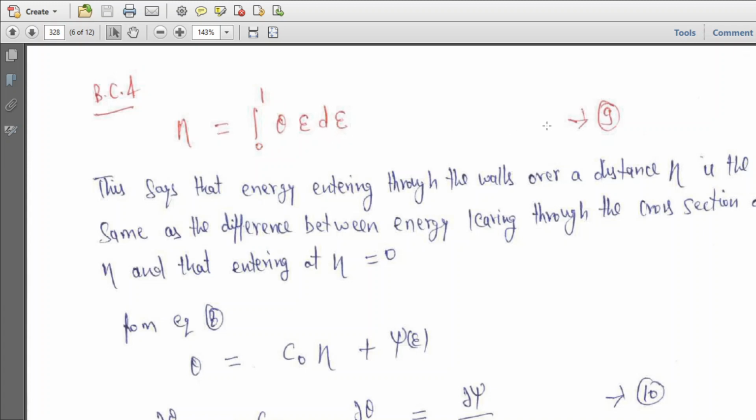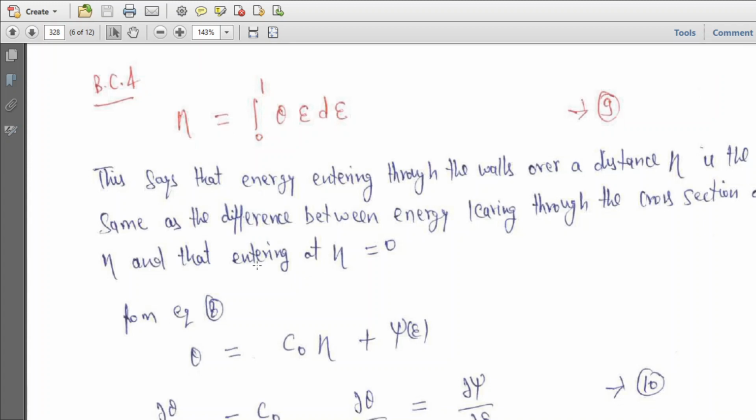This is equation number 9. It says that the energy entering through the wall over a distance η is the same as the difference between the energy leaving through the cross section at η and the energy entering at η equal to 0.